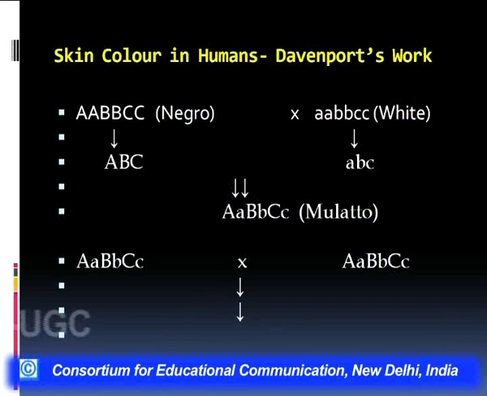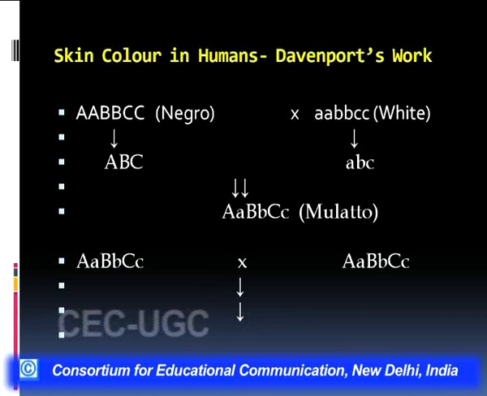The most common observation which we find in ourselves is our skin color. Skin color is known, and these are the classical examples and the research of Davenport, who was working on the Negro population in America.